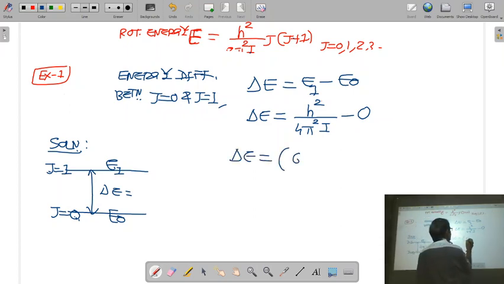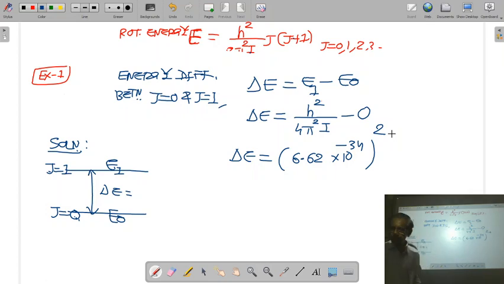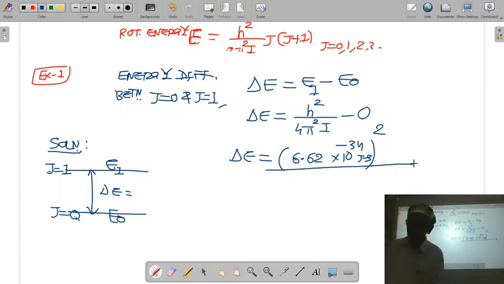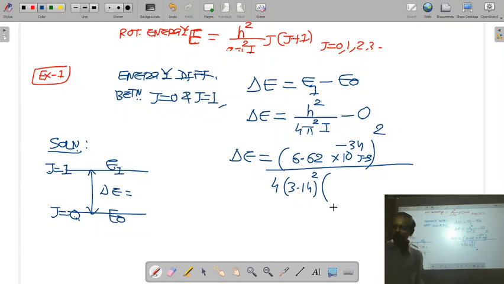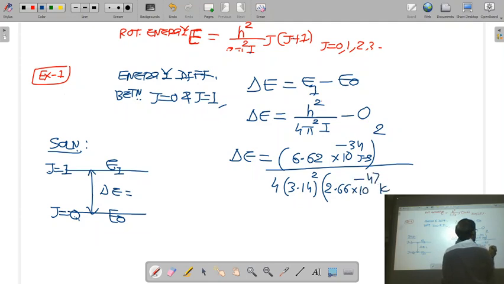You know the value of Planck constant h, 6.62 times 10 to minus 34 joule second, whole square, divided by 4 pi square, and you are given the moment of inertia of the molecule, 2.66 times 10 to minus 47 kilogram meter square.